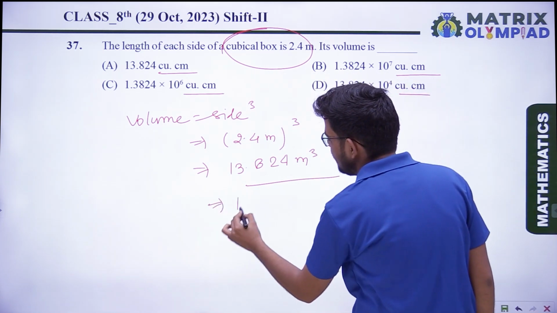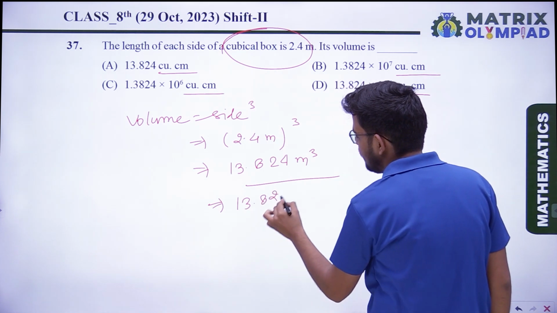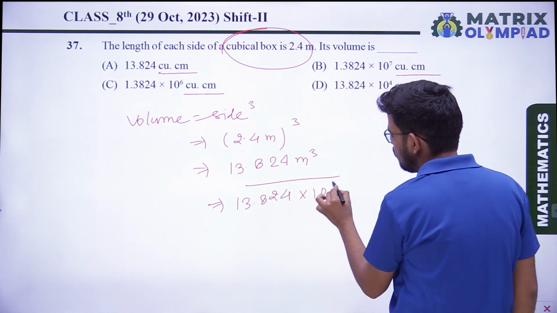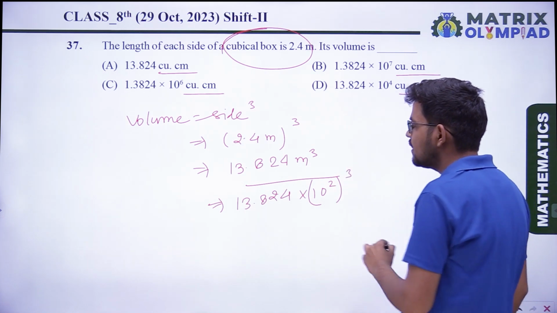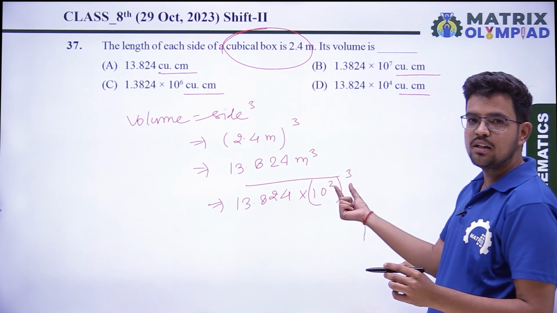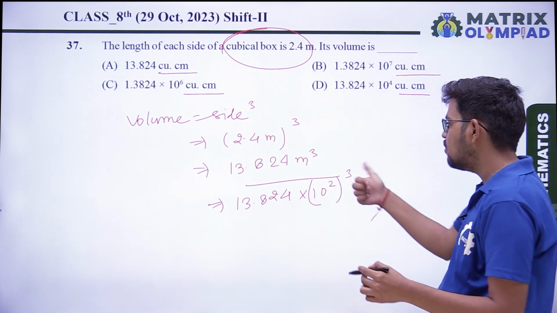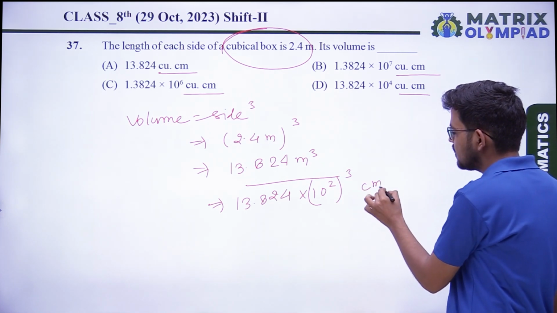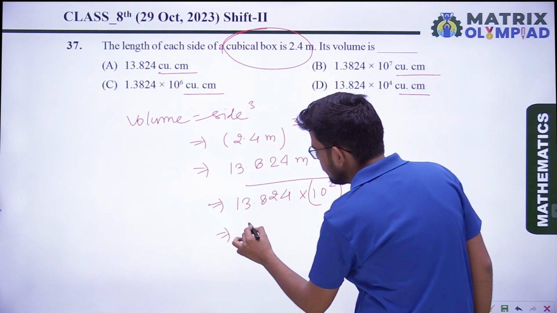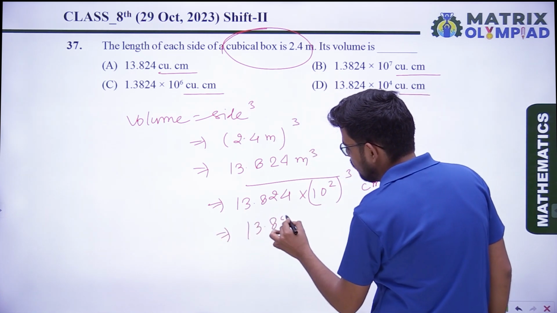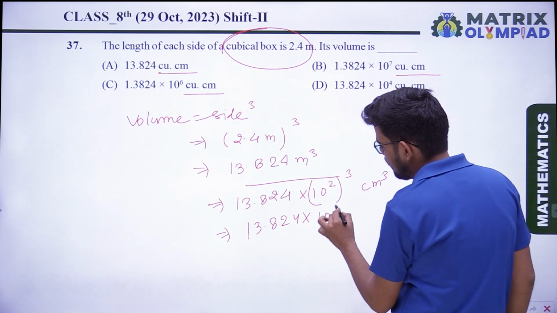For this we will multiply with 10 raised to power 2, cube, because in 1 meter there are 100 centimeters, meaning 10 raised to power 2 centimeters. So 10 raised to power 2 power 3 centimeter cube. That will be 13.824 multiply 10 raised to power 6.